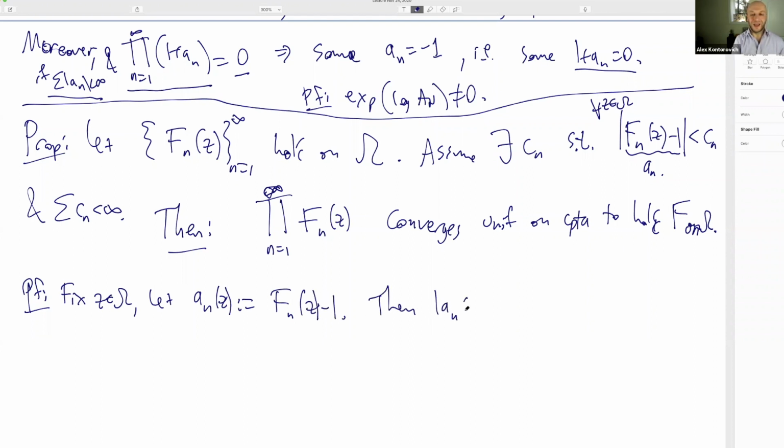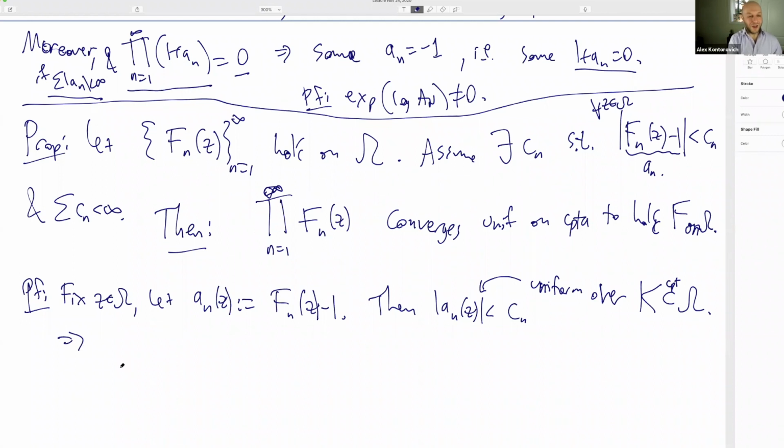Then AN of z is less than Cn, and this is uniform over your favorite compact subset of omega. In fact, it's uniform over all of omega, but never mind. Let's state it for compact sets.